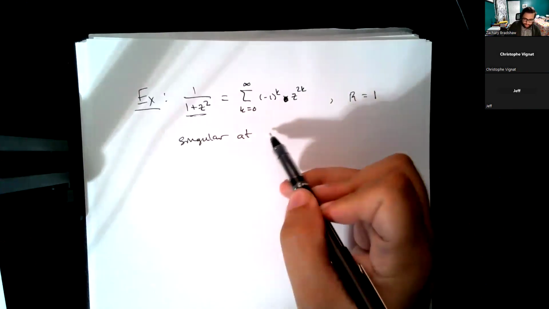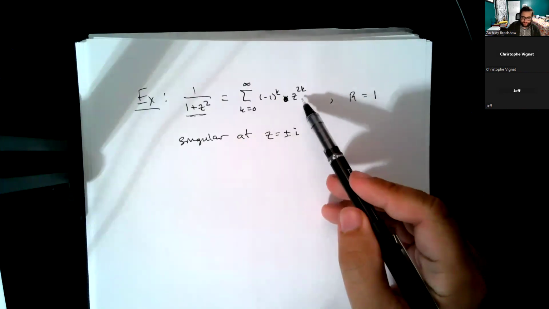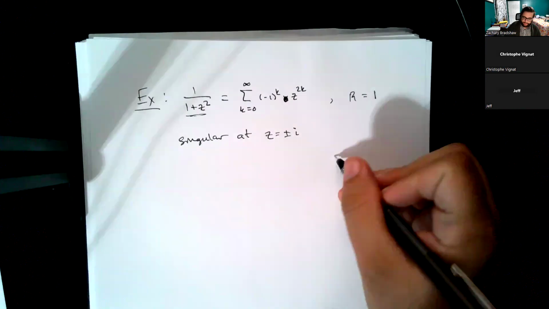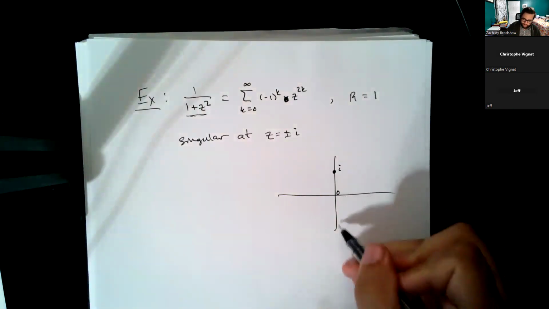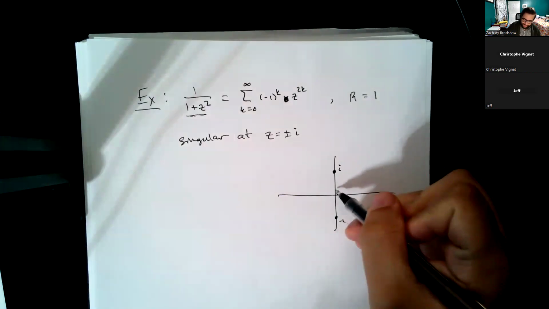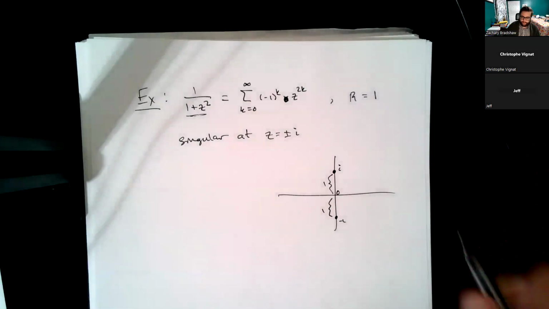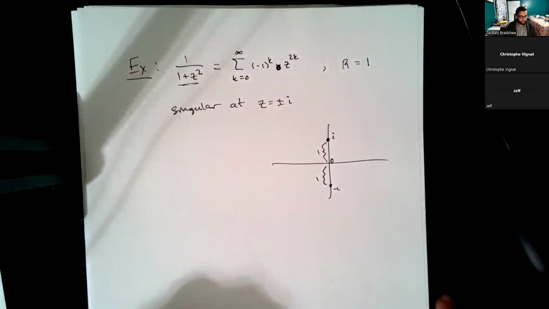This function is singular at z equals plus or minus i. The power series is centered at 0. The singularities are at plus or minus i. Let's draw. Here's i, here's 0, here's minus i. The distance to these singularities is 1. And so that's what R is.